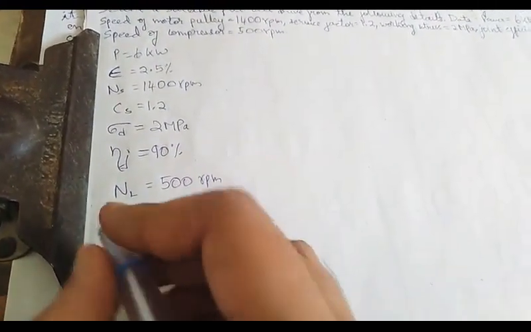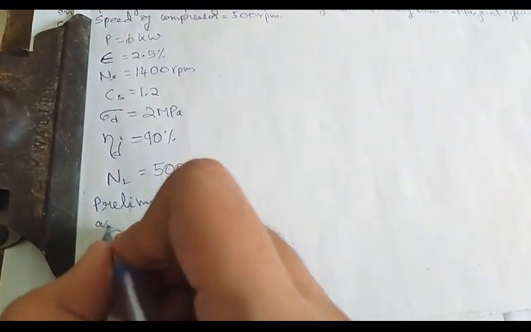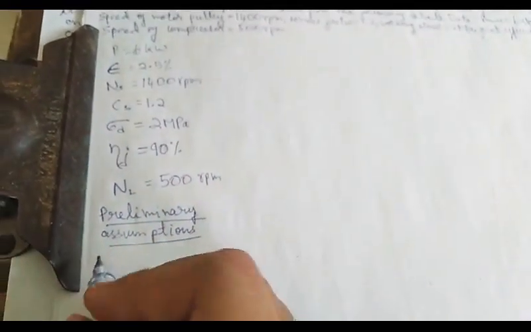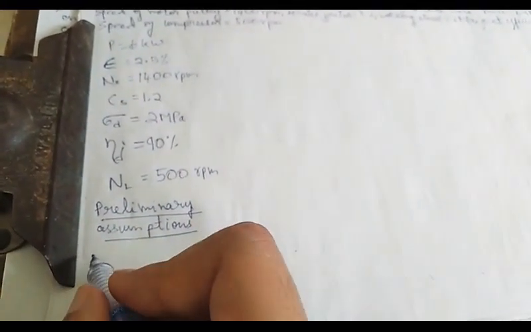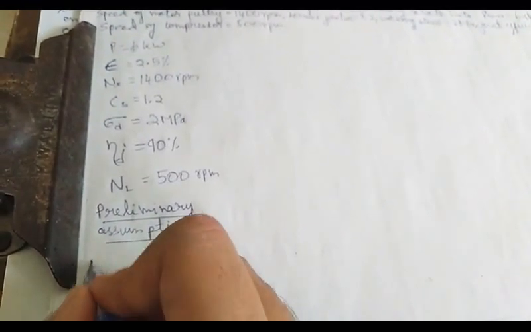So the preliminary assumptions we shall make. Assume that the pulley is made up of cast iron.